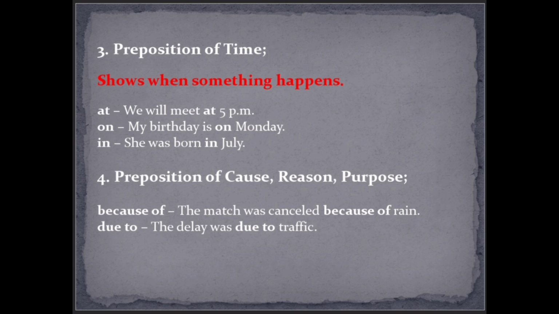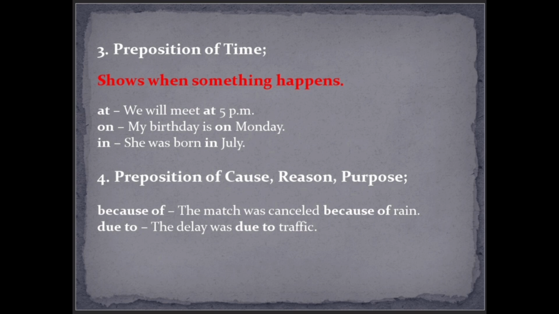So here we use on to express something happening on a particular day or date. Another example, I am going to meet him on Tuesday. Here we are using the preposition on to express that particular day.